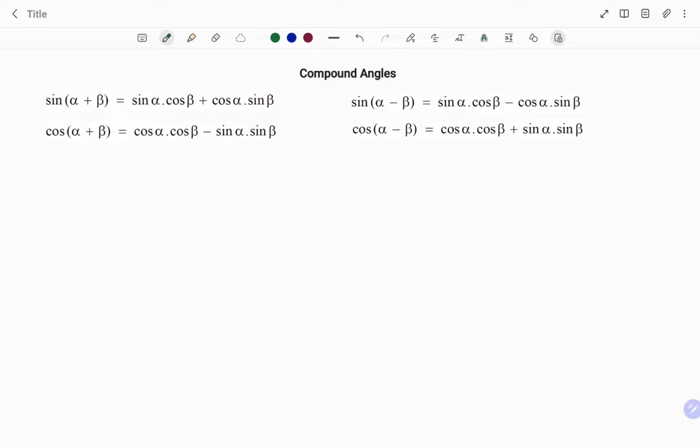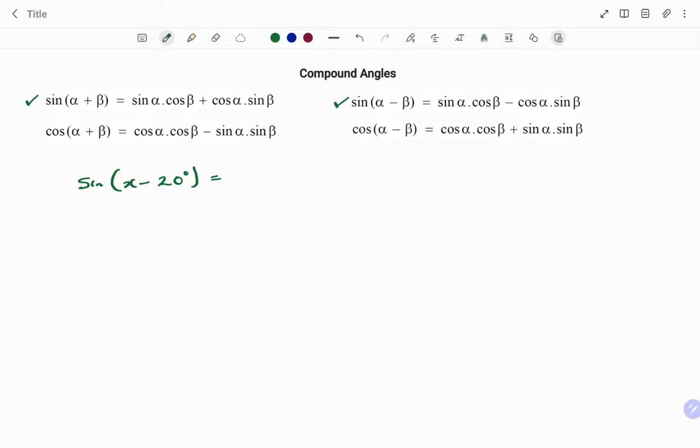For example, if we're given sine x minus 20 and we're trying to figure out which of these identities for compound angles we're going to use. To start with, it's a sine, so it's either this or this.